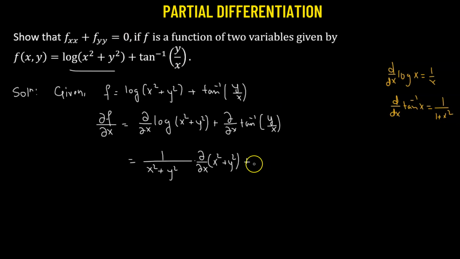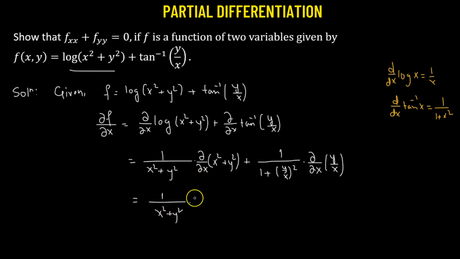So that means the partial derivative of the inverse tangent function of y over x will be 1 over 1 plus y over x whole squared, multiplied by, using the chain rule, partial with respect to x of y over x. So this gives us 1 over x squared plus y squared times the partial of x squared with respect to x plus partial of y squared with respect to x, plus x squared divided by x squared plus y squared.